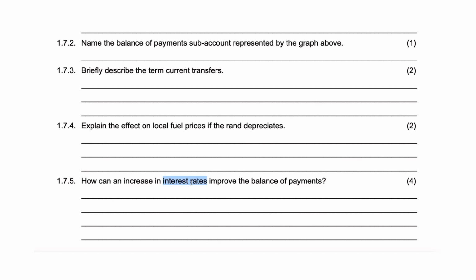So we see foreign direct investment increasing, more people throwing their money into the country as investors, so that they can earn a higher interest, because the interest here in South Africa is high.